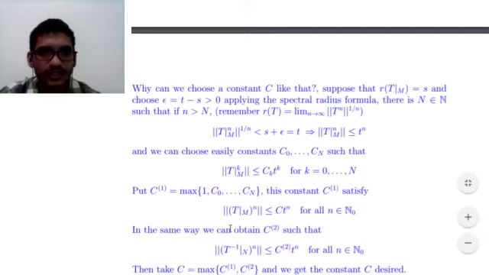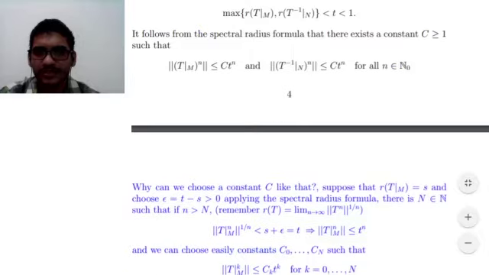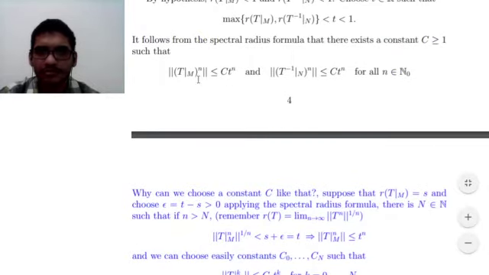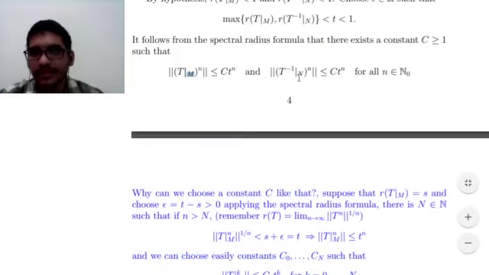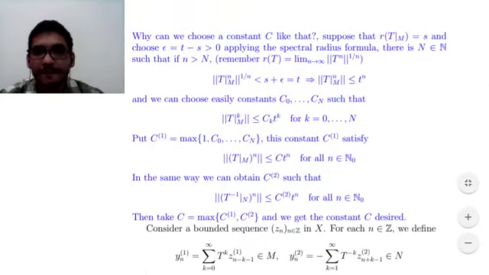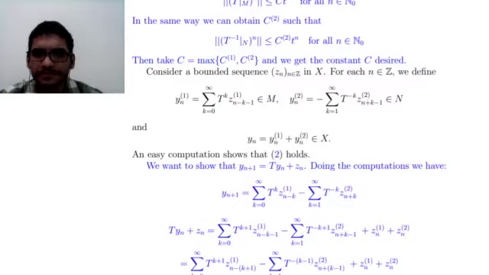So you can have this c1 and you solve this for T restricted to M. Then in the same way you solve this for T minus 1, you will have a c2, and you take the maximum.